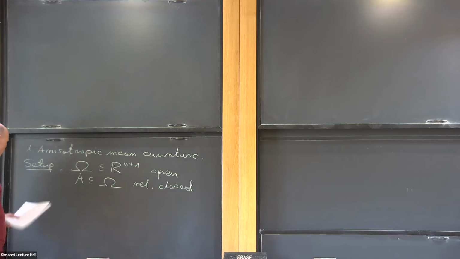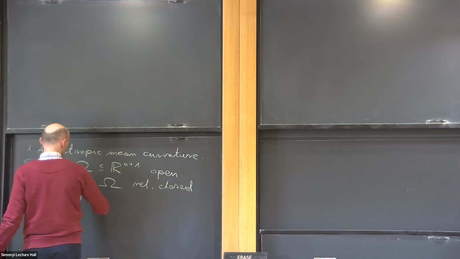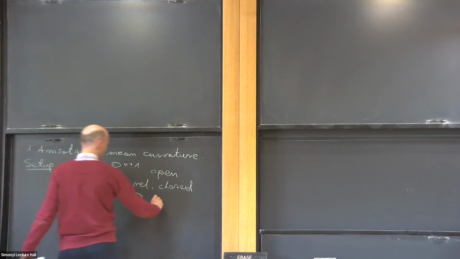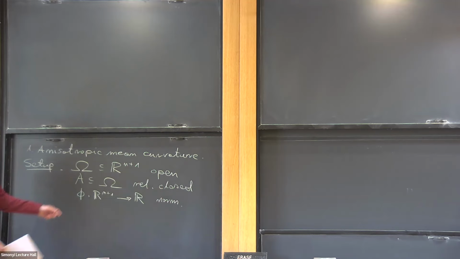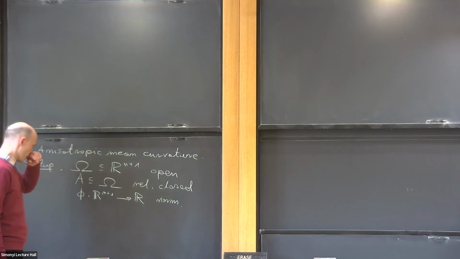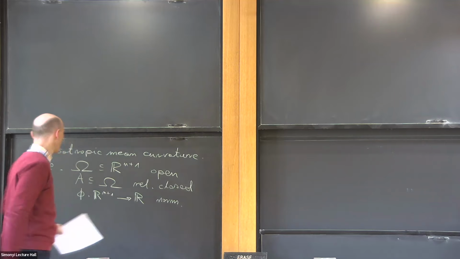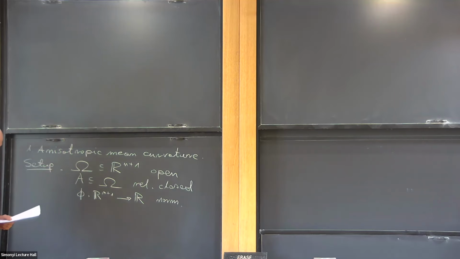We are also given a non-Euclidean norm, Phi. We always assume that this norm is smooth outside the origin and uniformly convex. These are standing assumptions for the whole talk.